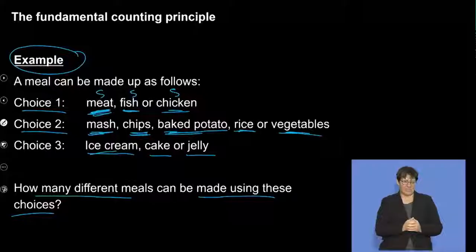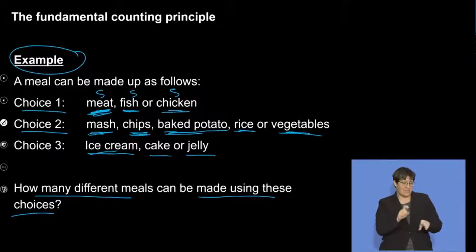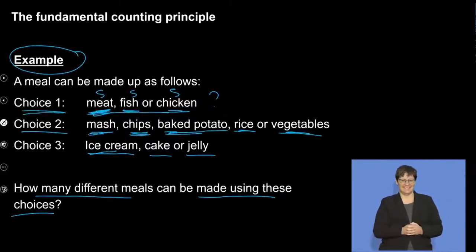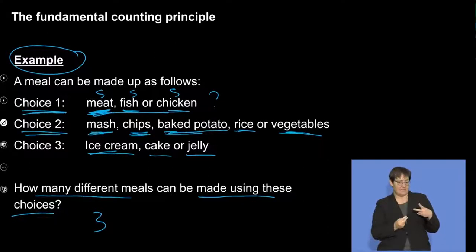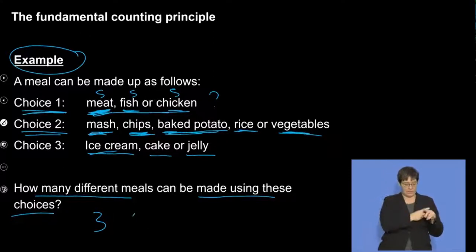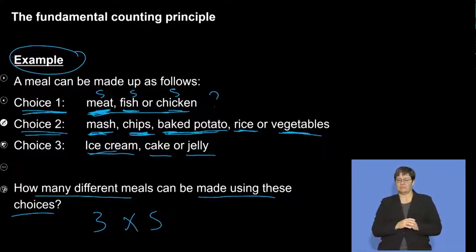But if you apply the fundamental principle of counting, what we can do is choice 1. How many choices are there here? We have 3. So for choice 1, we have how many choices? 3, because we have meat, fish, chicken. For choice 2, we have 1, 2, 3, 4, 5. Then we have 5 choices. We multiply by 5.